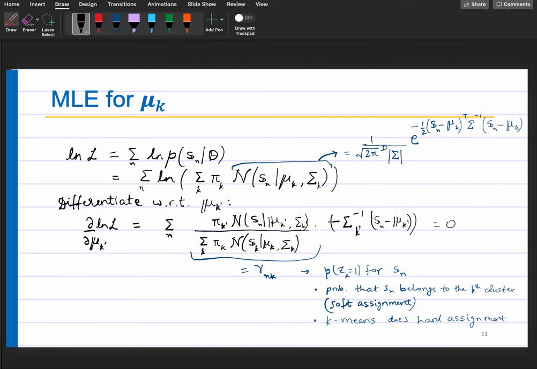There should be a half term also. Oh, but there is a square, so the half will go away. Okay, fine. Now the derivative of this thing with respect to mu k dash is simply sigma inverse times this times the derivative of this thing, which is minus 1.